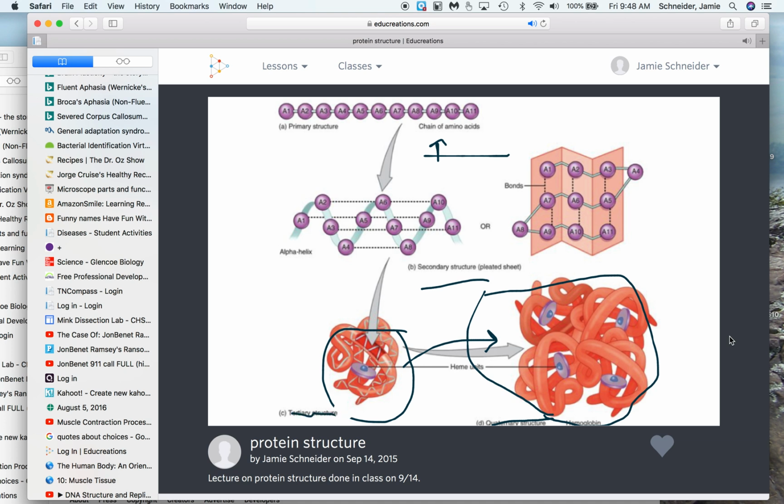And then the last is bringing together these tertiary structures to form 1 big molecule of hemoglobin or some other molecule that's very globular. Now, not all proteins are quaternary. Some proteins are only tertiary, some are only secondary, and some are only primary, such as the parathyroid hormone.